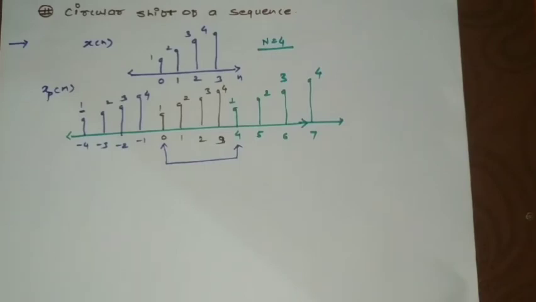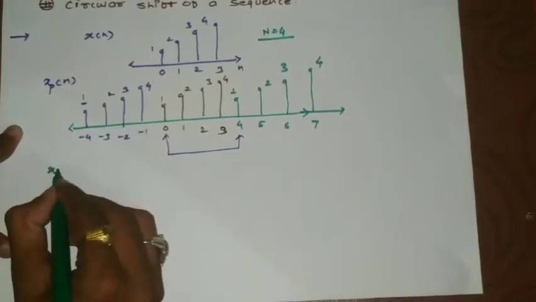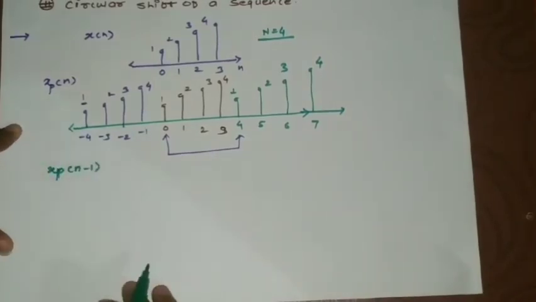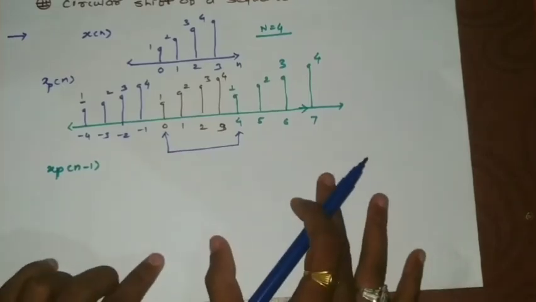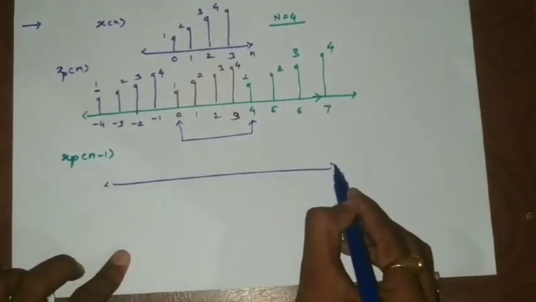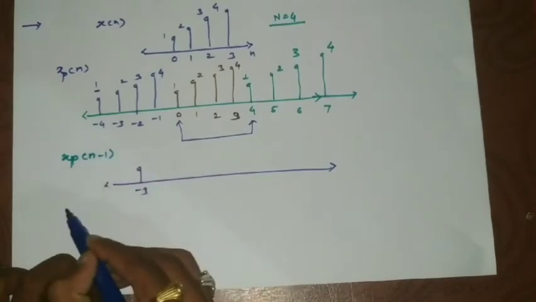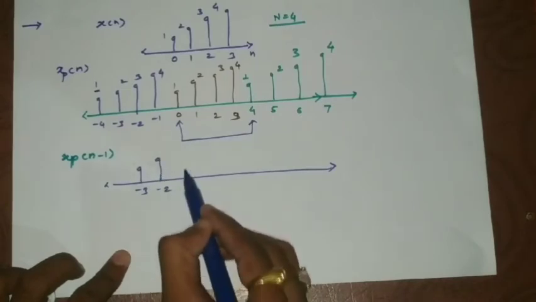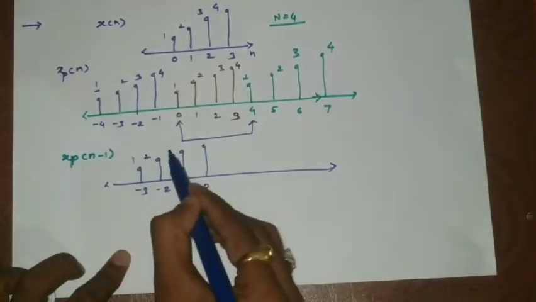For that case, let's suppose I am shifting the periodic function by 2 units or simply by 1 unit. If I write the first term as xp of n minus 1, that means we have to add 1 to the given function. When we add 1 to the given function, it will be shifted to the right side. So when I add 1 to minus 4, we'll get minus 3, then minus 2, minus 1, then we'll get 0, 1, 2, 3, 4.